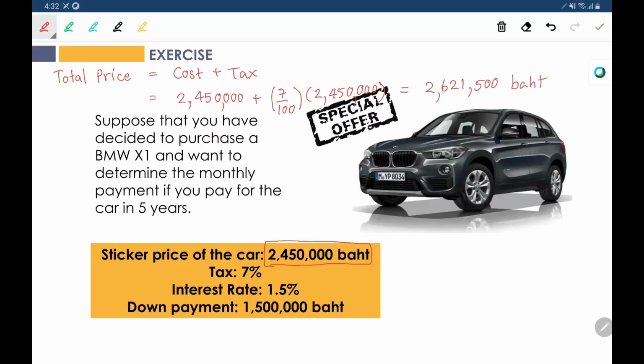And you decided to pay the down payment, right? The down payment is the money that you pay in the first period, and you decide to pay 1.5 million baht. So the net price of this car is the total price minus the down payment.